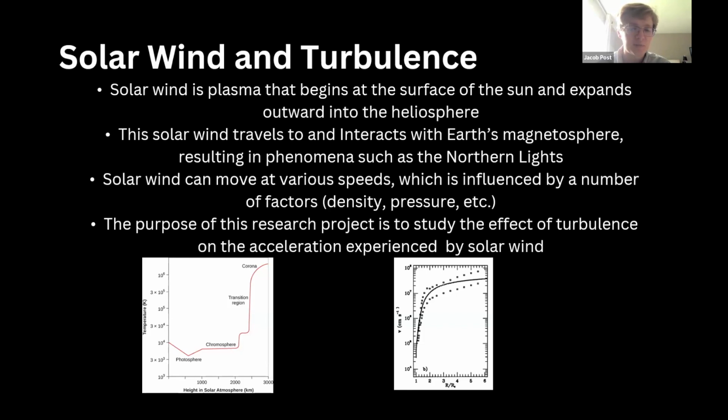And so that leads me into my research paper. The purpose of my research paper is to see how turbulence pressure affects the capability or ability of the solar wind to accelerate to any given level. On this slide, I have included two different figures.